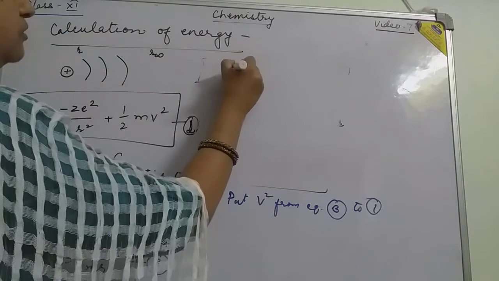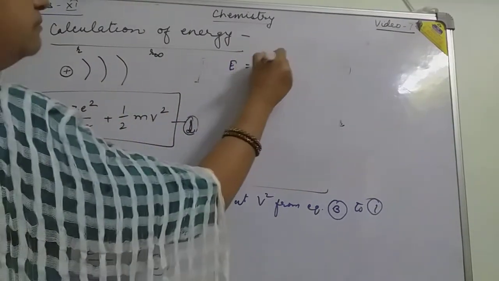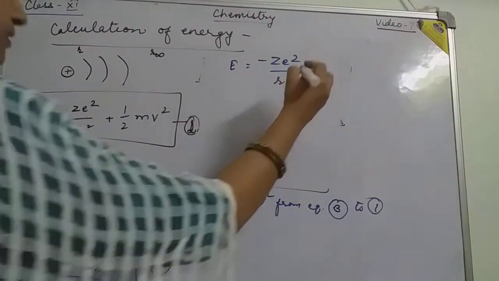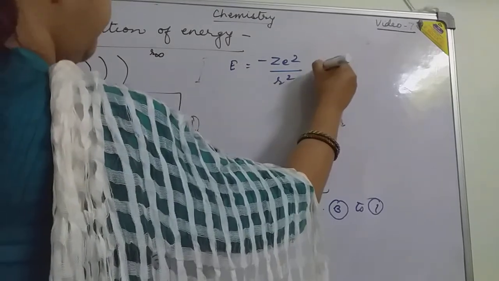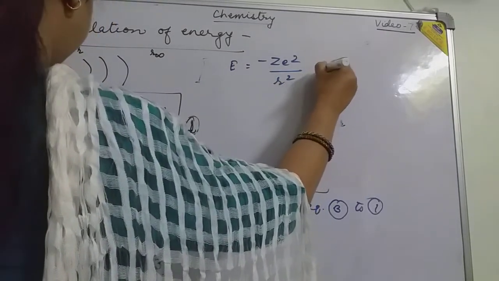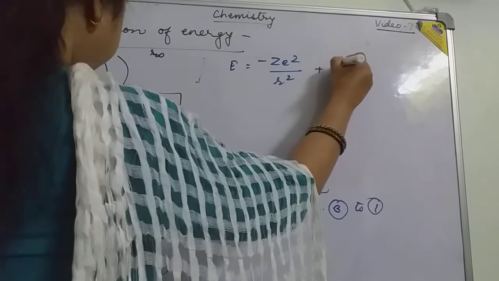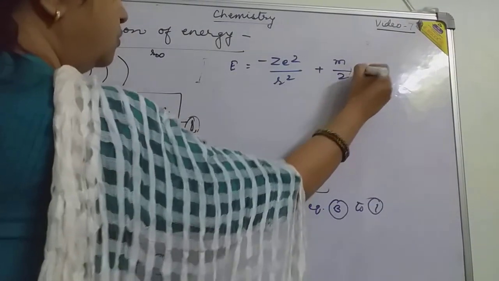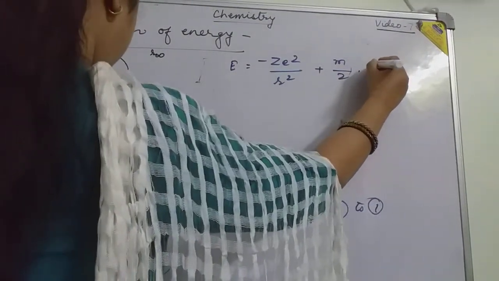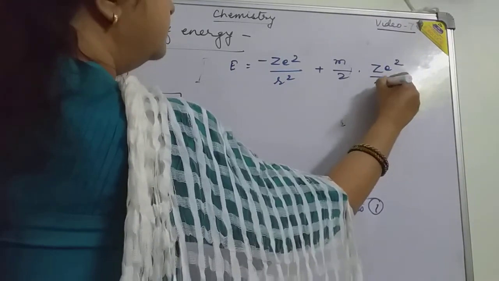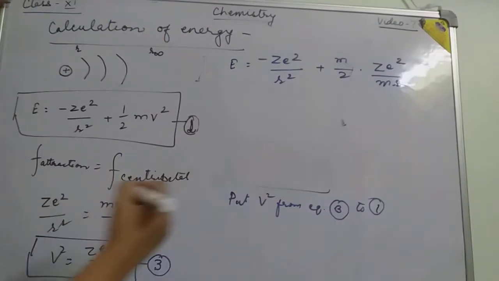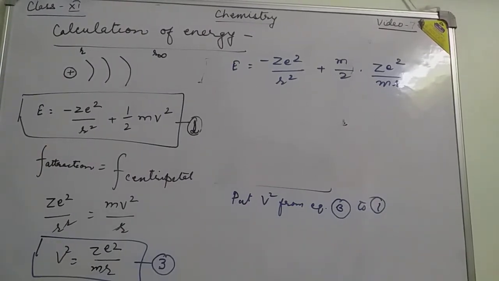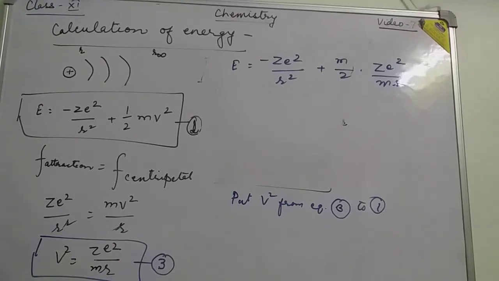We get E equal to minus Ze square by r plus half mv square, where v square is equal to Ze square by mr, so it is m by 2 into Ze square by mr.